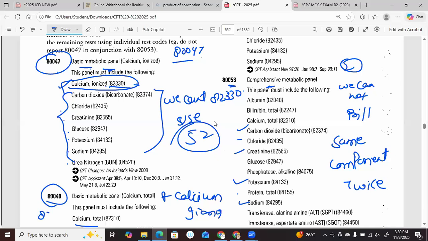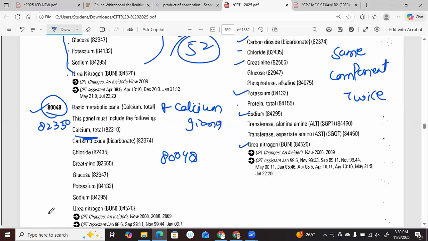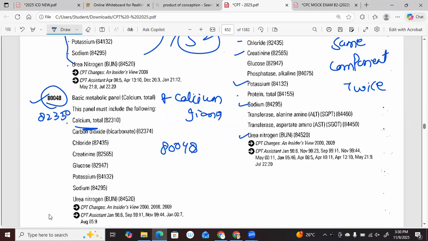We bill both because all components of the basic metabolic panel were reviewed, and there is an additional component that has been measured, which is calcium ionized, so we bill it separately. Okay, Kashish? Yes, ma'am. Thank you.